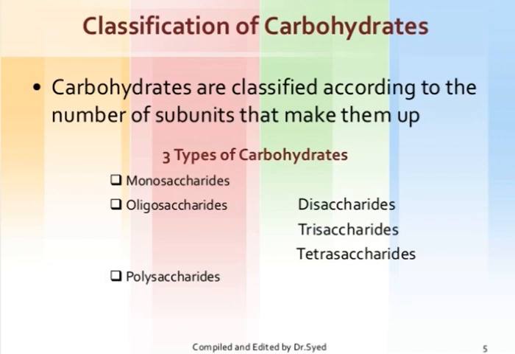Monosaccharides are the simplest sugars and contain a single carbon chain which possesses a free aldehyde or ketone group and two or more hydroxyl groups. As they are the simplest sugars, they cannot be hydrolyzed into smaller units.